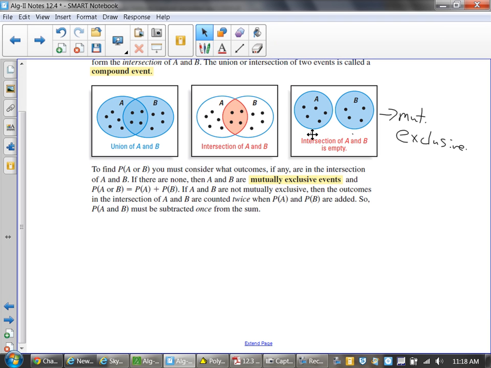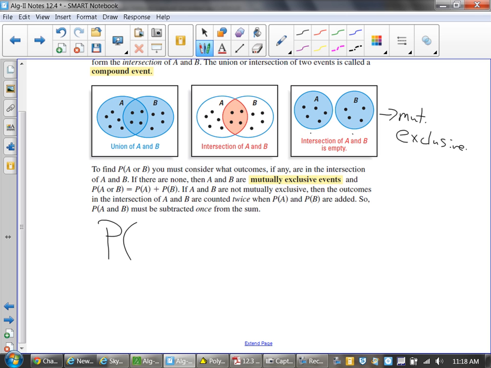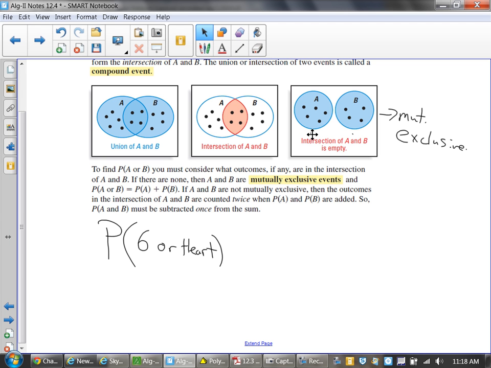So what we're going to be able to do here is figure out the probability of, let's say, flipping over a 6 or a heart. Those are two different events, aren't they?